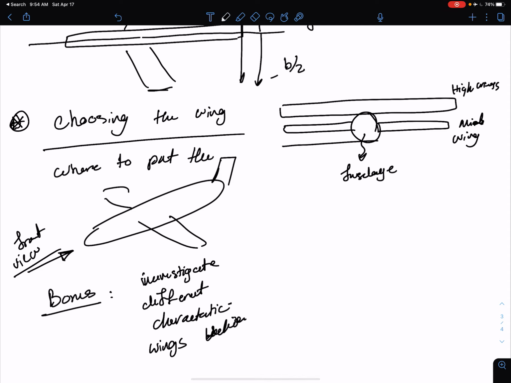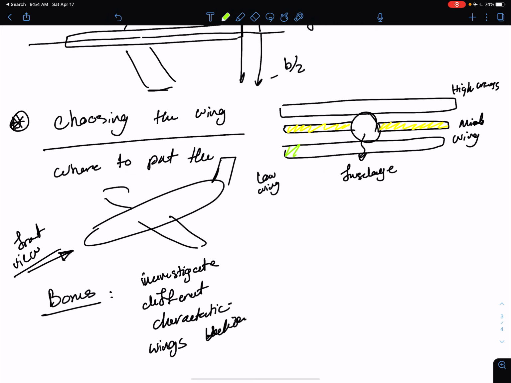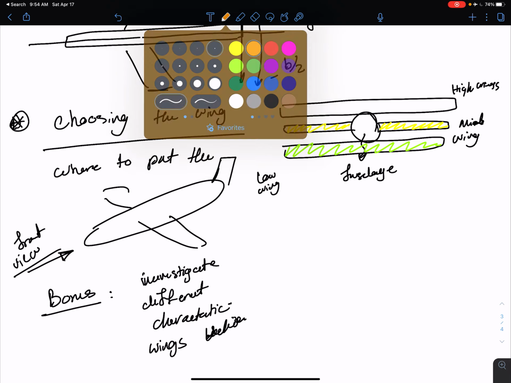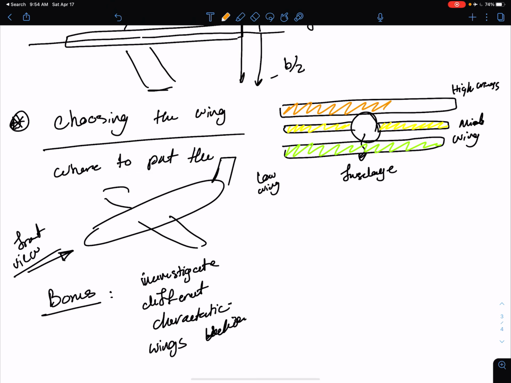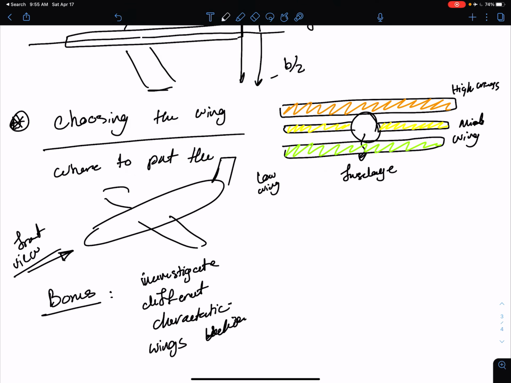And you also are going to have low wings. I could have used different colors here. Let me actually use them: mid-wing with yellow, low wing with green. They don't have to be all presented at the same time. They can be though. You can have a plane that has all of these together.